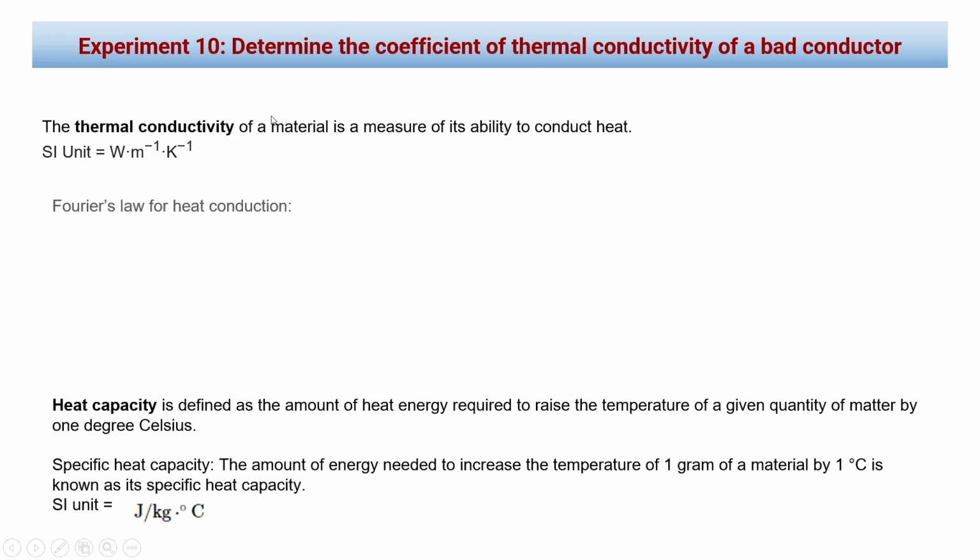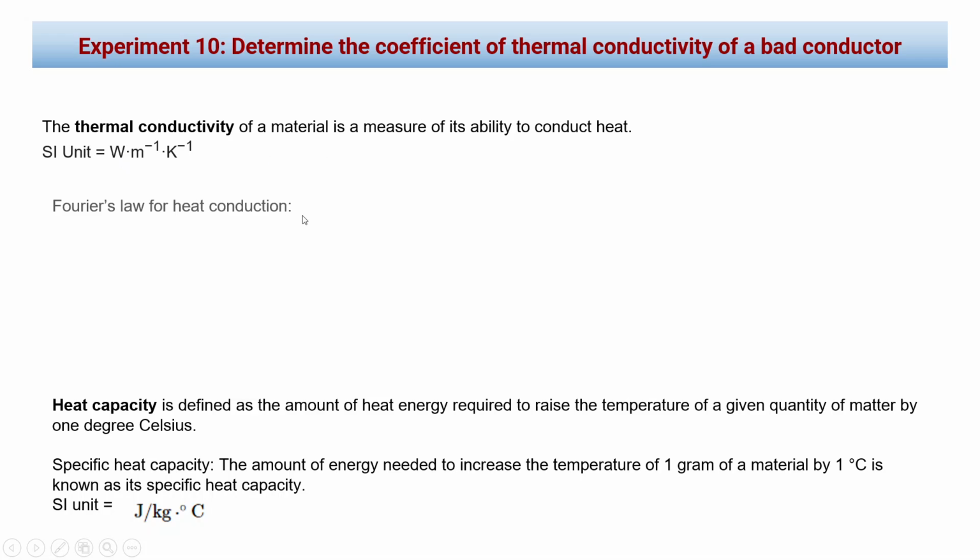Thermal conductivity of a material is a measure of its ability to conduct heat. As in the case of electrical conductivity, we talk about how easily it can conduct electric current, the same way, when we talk about thermal conductivity of a material, we talk about how easily it is able to conduct heat, and that is known as the thermal conductivity of that material, and the SI unit is watt per meter per Kelvin.